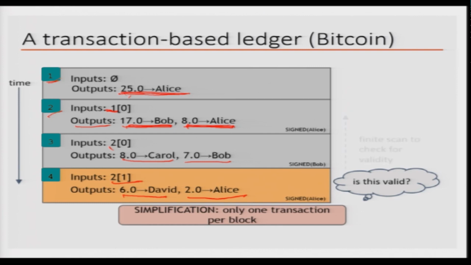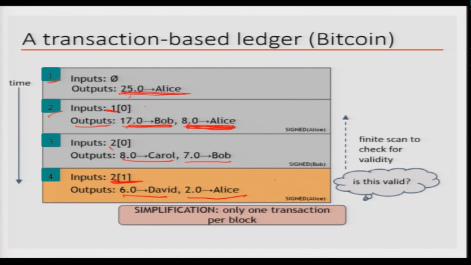The ledger keeps track of the transactions, and note that if we want to see whether this transaction is valid, all we need to do is look at the transaction she refers to as a source transaction. Her source transaction is this, and we see that in that source transaction, in output number 1, she got 8. That is all we need to check.